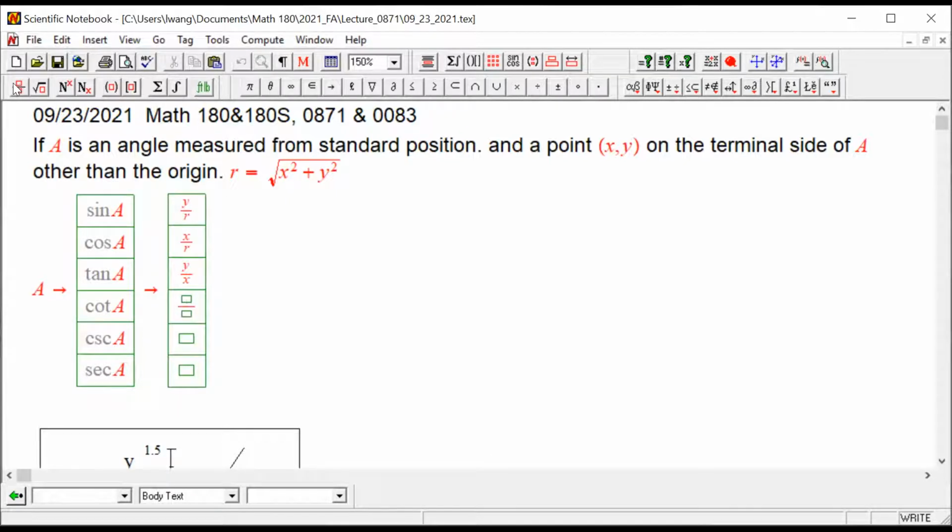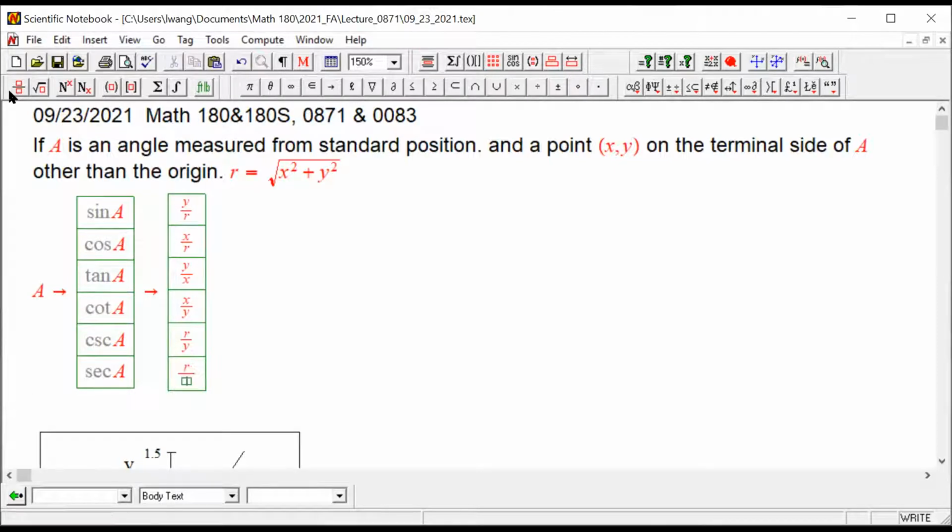Cotangent is x over y. Cosecant is r over y, and secant is r over x. Ratios: input, output.